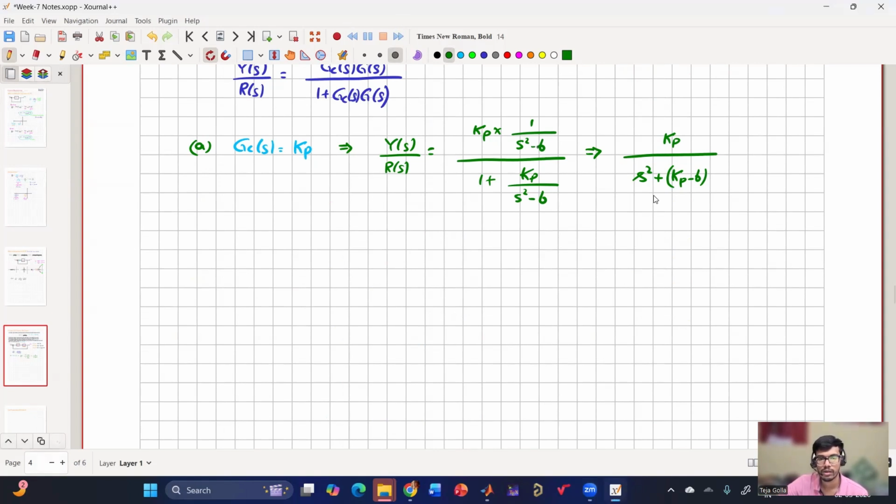The system is unstable. Why is it? Why? How are you saying that? So the characteristic equation is this, right? S square plus Kp minus b is equal to 0. So we have to find the poles of this, and then we have to comment on the stability.